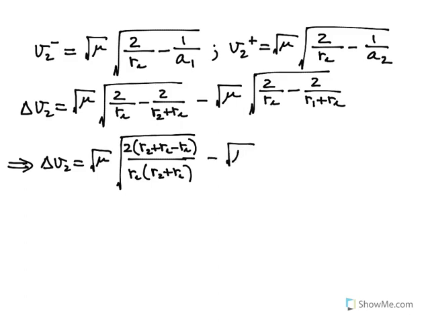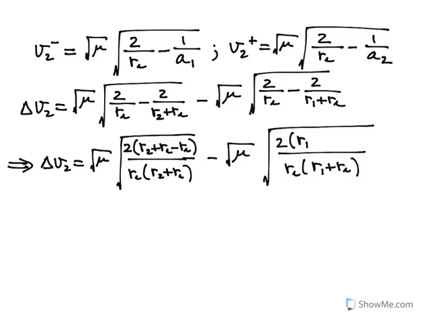And then the next one is the square root of mu times the square root, and we've got Ri times R1 plus Ri, and in the numerator 2 times R1 plus Ri minus Ri, which then gives delta V2 is equal to the square root of mu times the square root.